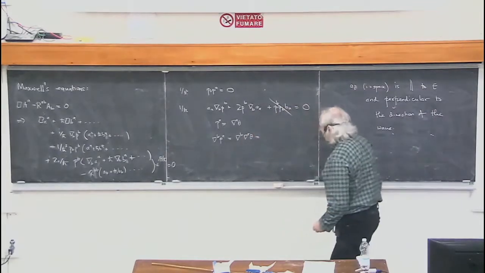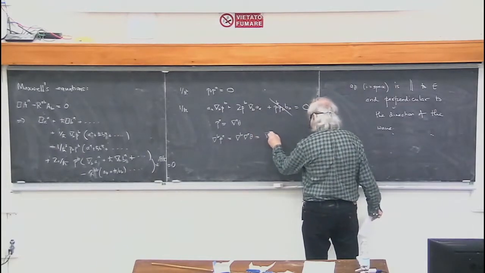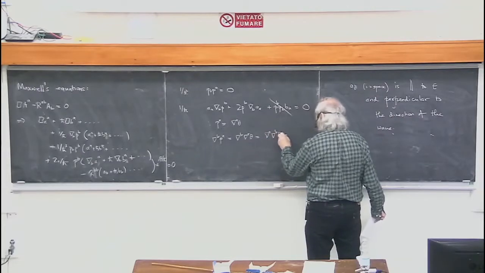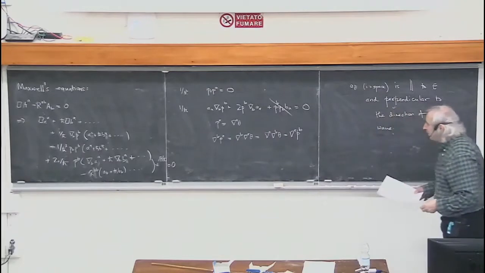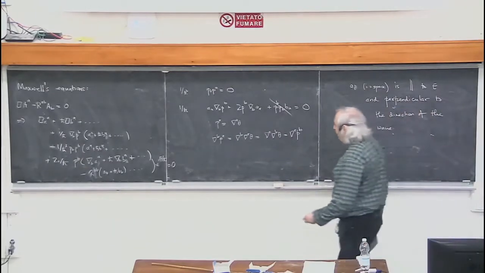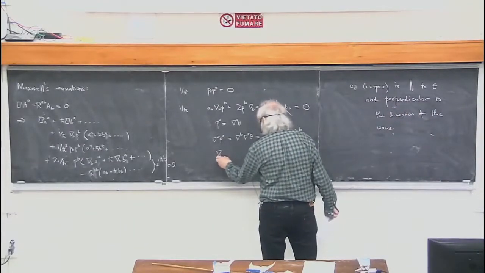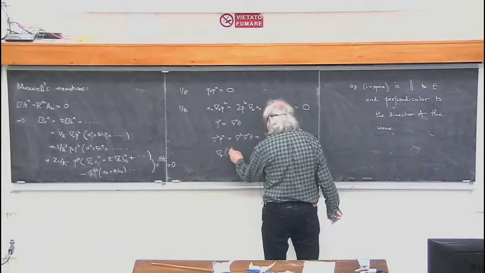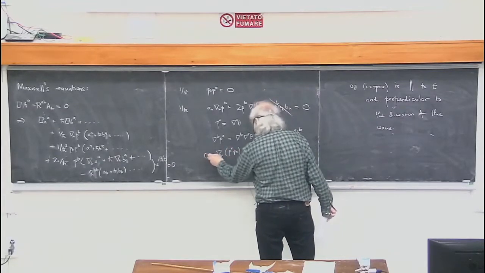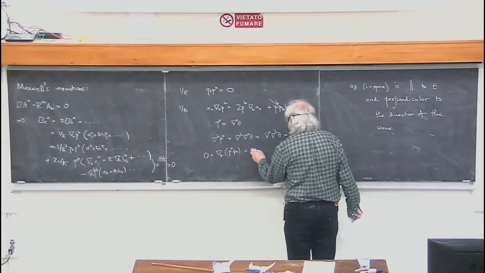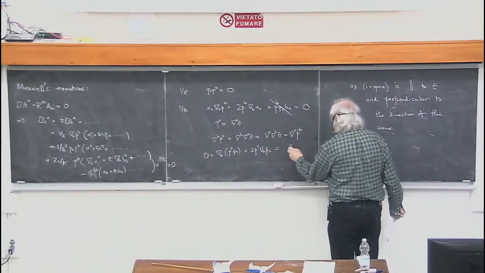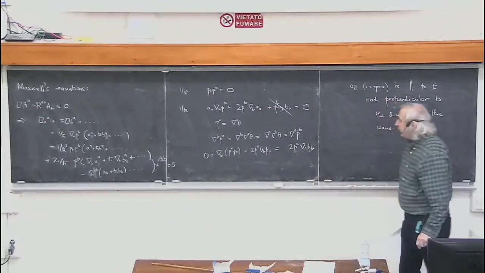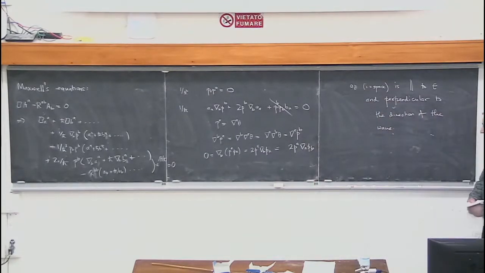And of course there's no torsion, so this is the same as ∇_A ∇_B of θ, which is the same as ∇_A of P_B. Since P² is 0, we know that ∇_B of P² is equal to 0. But this is the same thing as 2 P^A ∇_B P_A, which is the same thing as 2 P^A ∇_A of P_B. And so we see that P, as well as being null, is geodesic.